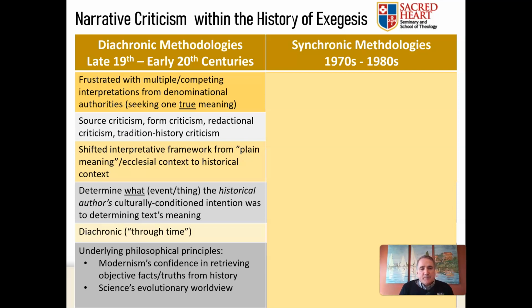But over time, we tend to talk about those as historical critical methods. And the attempt in those methods was to shift the interpretive framework from what might be called the plain meaning of the text or ecclesial interpretive context to the historical context.